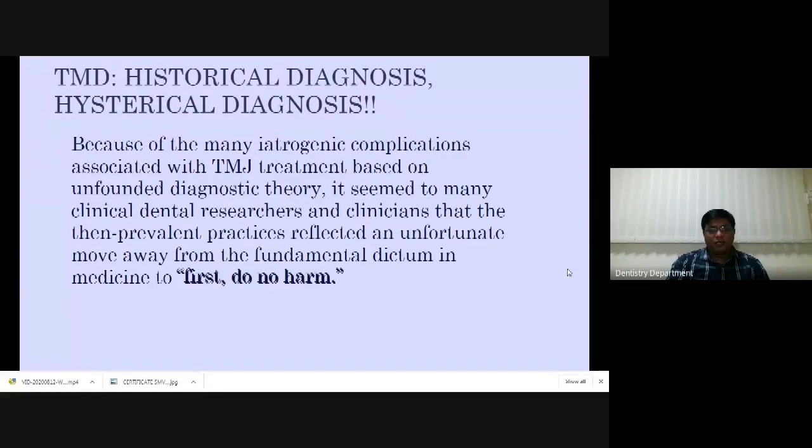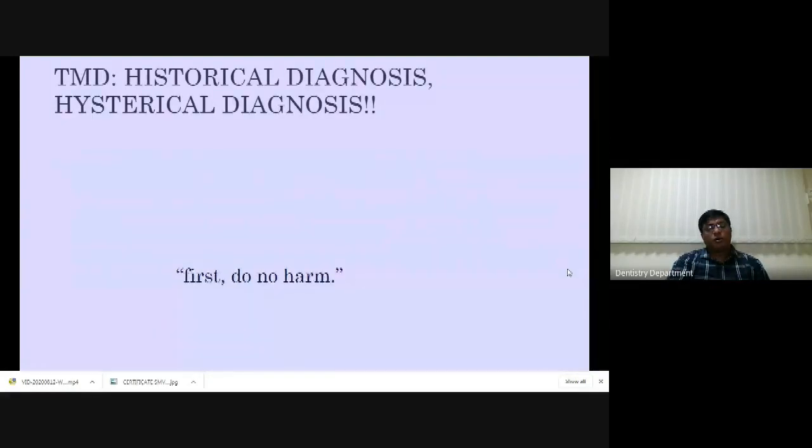Most of the theories in those days were unfounded. But what happened because of that? They forgot the fundamental dictum in medicine: first, do no harm. First do no harm is very, very important. So what happened then? The historical diagnosis became hysterical diagnosis.